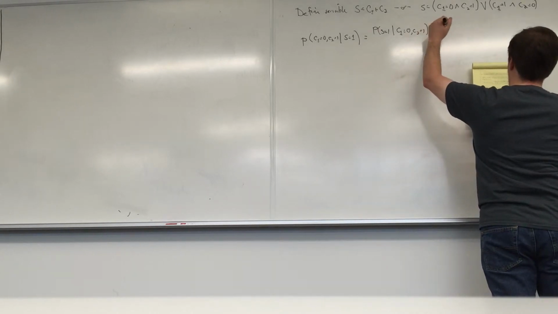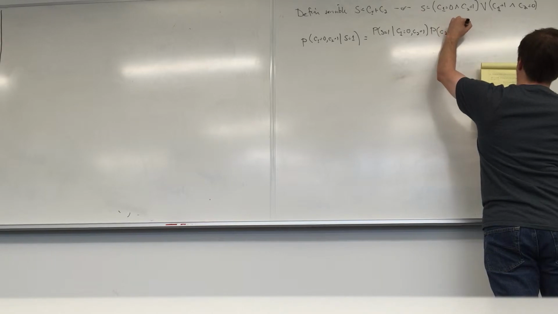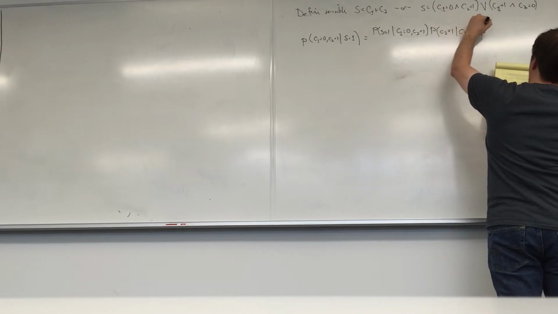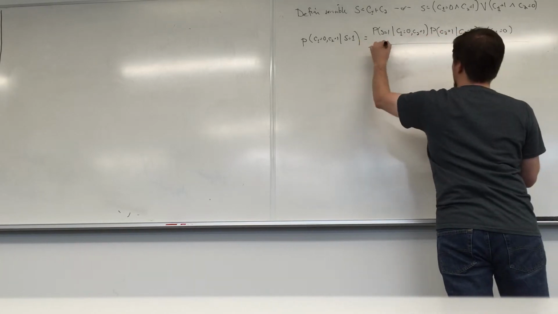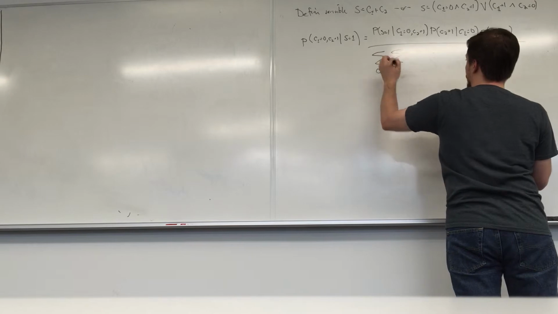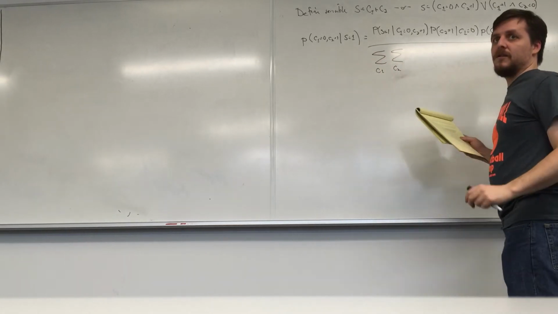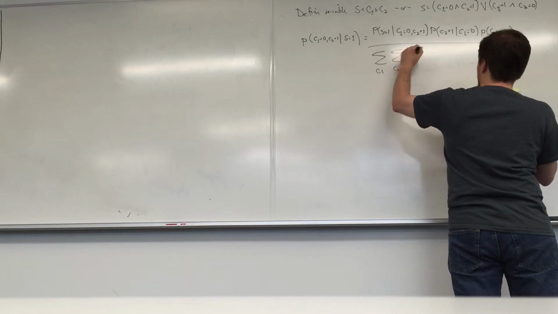So it's P of C2 equals 1 given C1 equals 0, times P of C1 equals 0, over the sum over C1, C2. I know there's a constraint here that I'm only concerned with the case where S equals 1, but we'll get there.